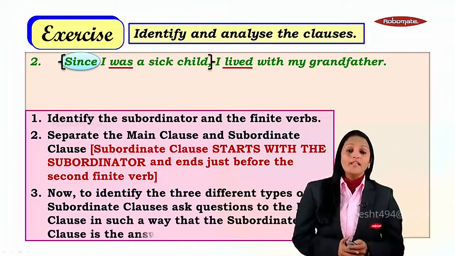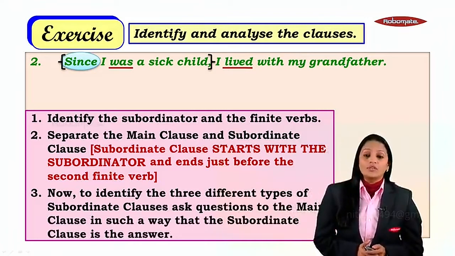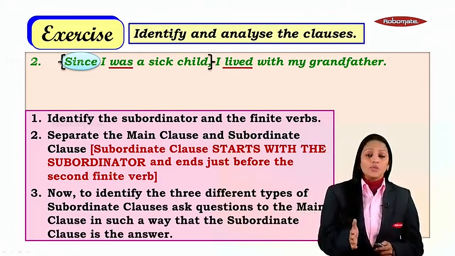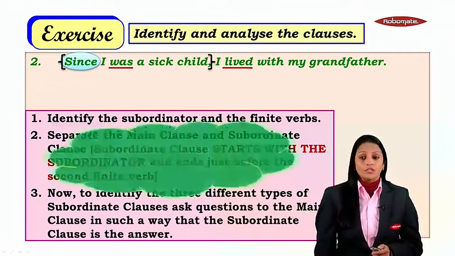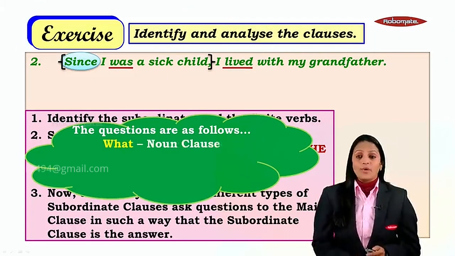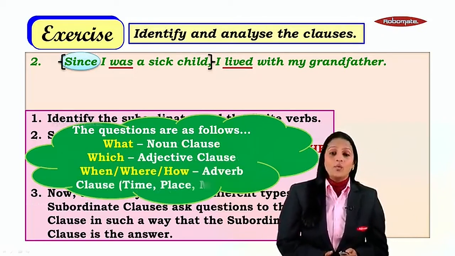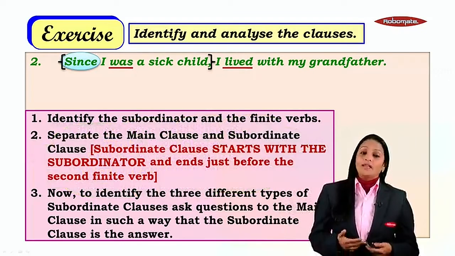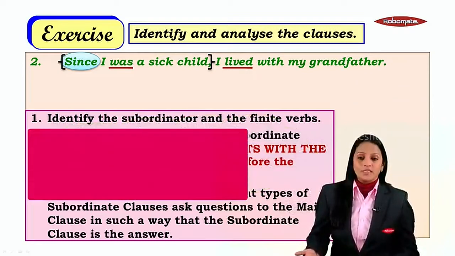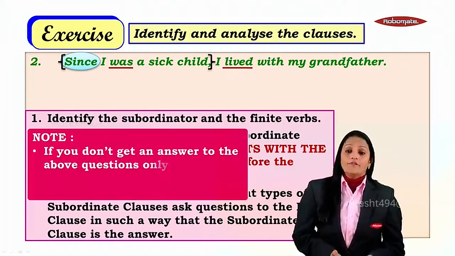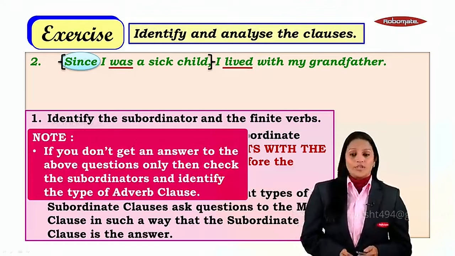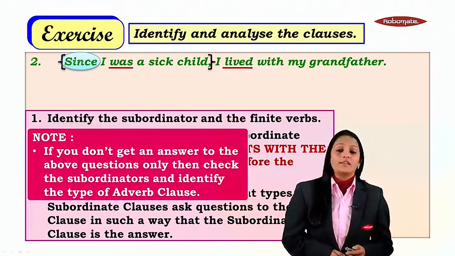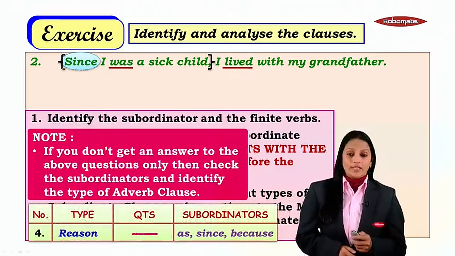Next, to identify the different types of subordinate clauses, ask the question to the main clause in such a way that the answer should be the subordinate clause. Students, what are the questions? Remember, what, which, when, where, how. Are we getting the answer? No. I cannot ask these questions and get the answer. So remember, first you must ask the questions. If you don't get an answer to the question, then check the type of subordinator. Now look at this, okay?